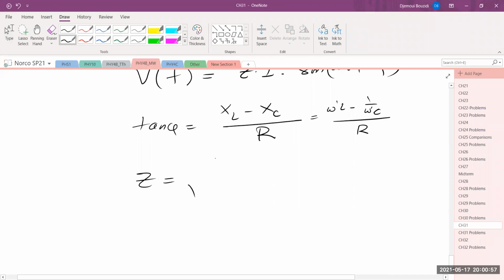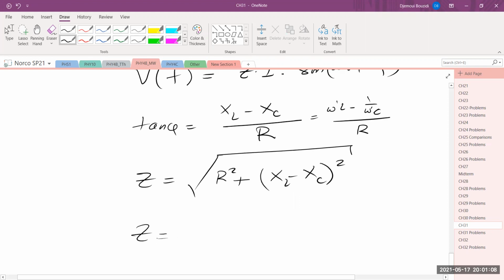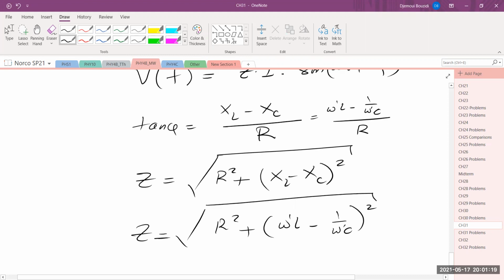Z is the square root of R squared, that is the x-axis, and the y-axis is XL minus XC squared. Or, if you want to write it more explicitly, as the square root of R squared plus omega prime L minus 1 over omega prime C, the whole thing squared under the square root.